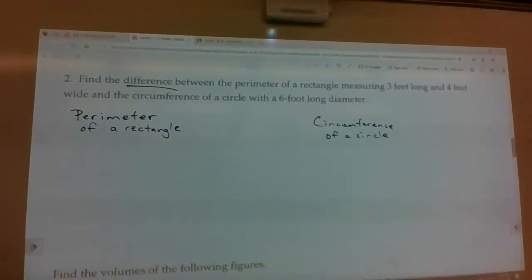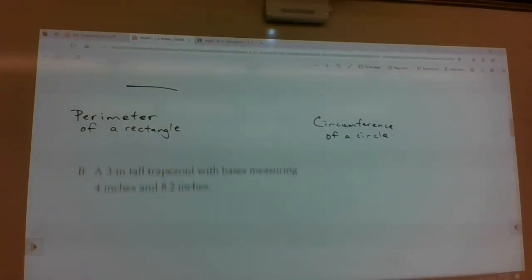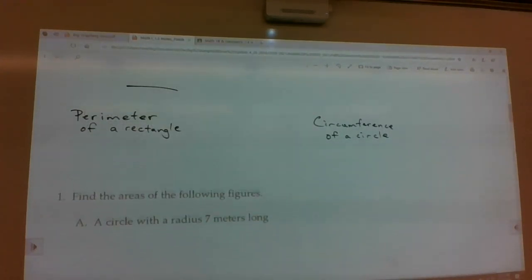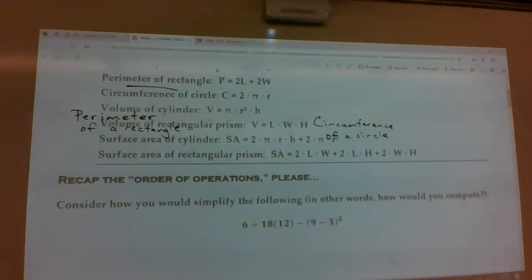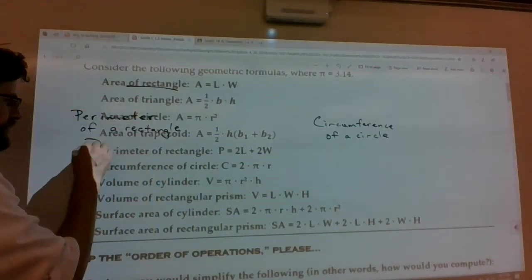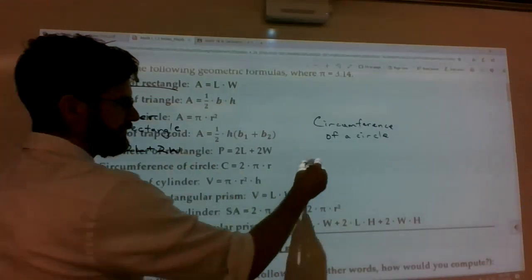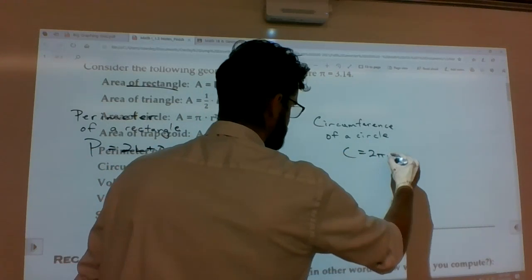So, scroll up. Found them. P equals 2L plus 2W. And the circumference is C equals 2 pi r.